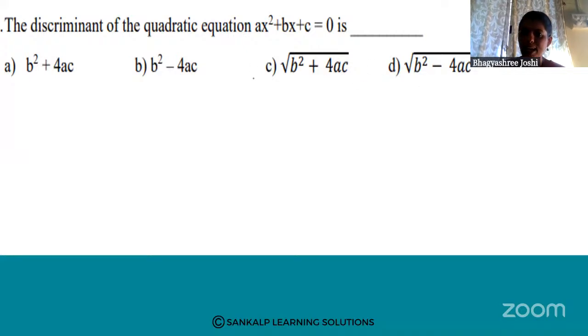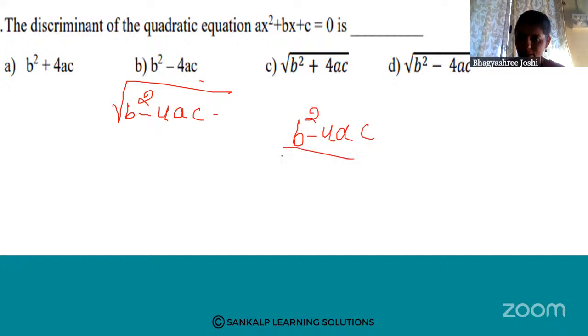Yes, dear students, I have already told you only b square minus 4ac is the discriminant. If you put a root here, it is not a discriminant. Only b square minus 4ac. This term is the discriminant. So option B is right.